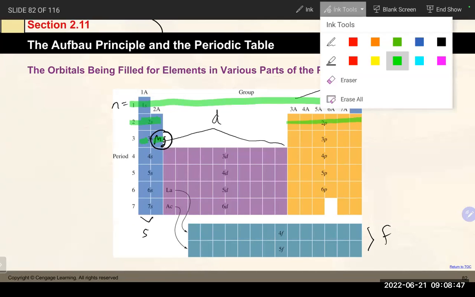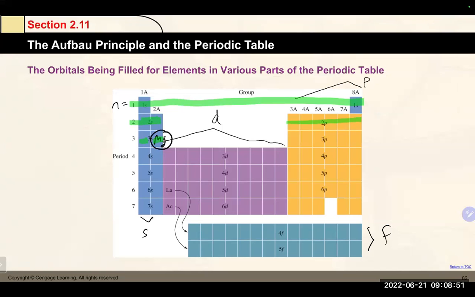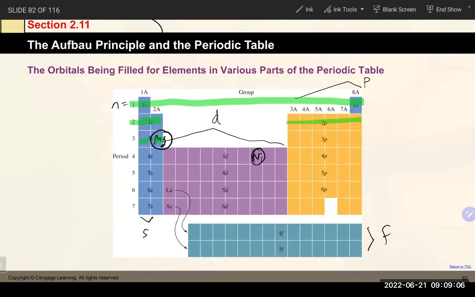The second one we did was nickel, which should be right about there. We could count it off the same way.